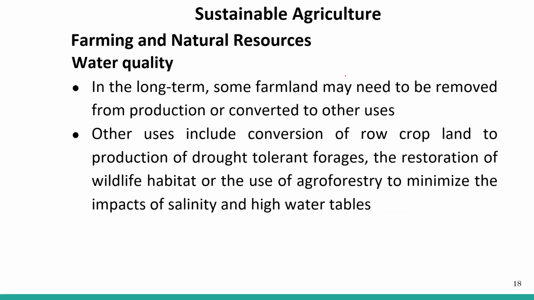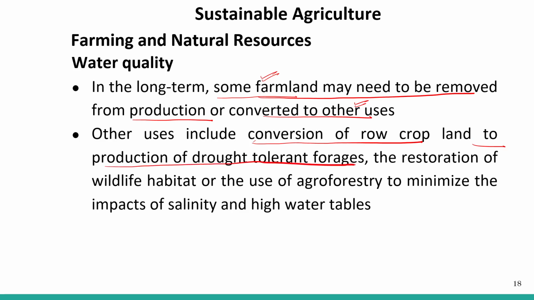In the long term, some farmland may need to be removed from production or converted into other use if the salt is there. Okay, so for some time we can use that farmland for some other purposes, not for the production of crops. Other uses include conversion of raw cropland to the production of drought tolerant forage, the restoration of wildlife habitat, or the use of agroforestry to minimize the impact of salinity and high water tables.